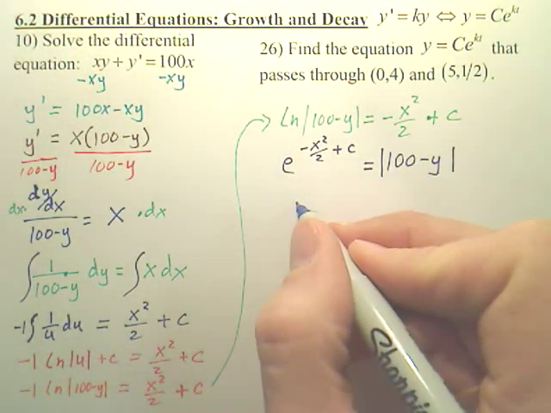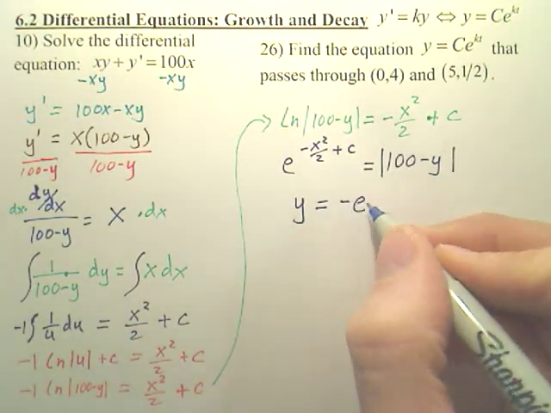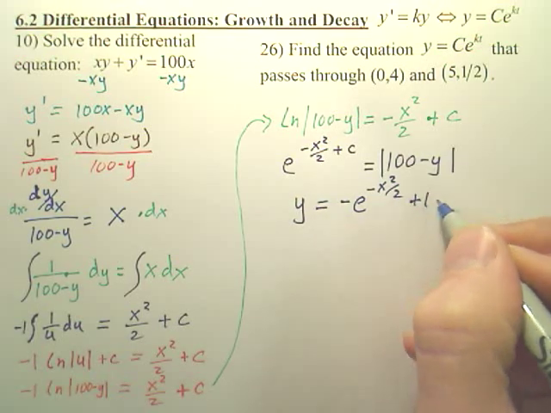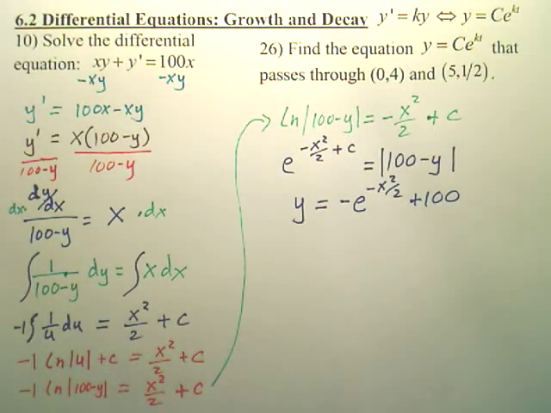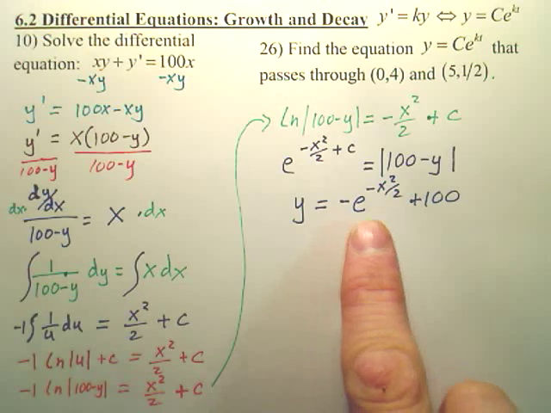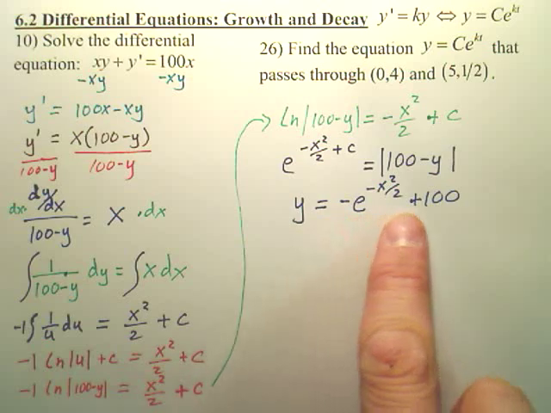So if I add the y over, I get y, and then I subtract this over. Does that look okay? I'm dropping the absolute value for now. Are we okay for now? Isn't there a plus c here?